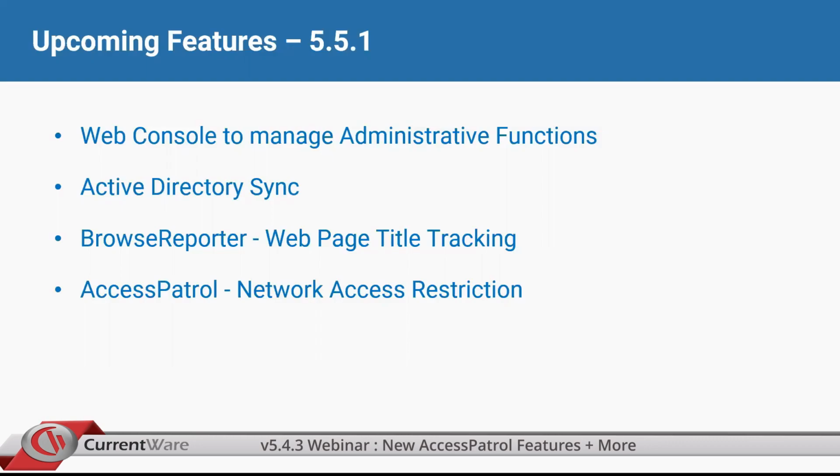And the last major improvement is network access restriction for Access Patrol. So the ability to prevent certain files or types of files to be transferred between internal network drives. These are just 4 of the major improvements that we're making in this upcoming release. However, there are also a number of minor tweaks and improvements that will be coming out as well.